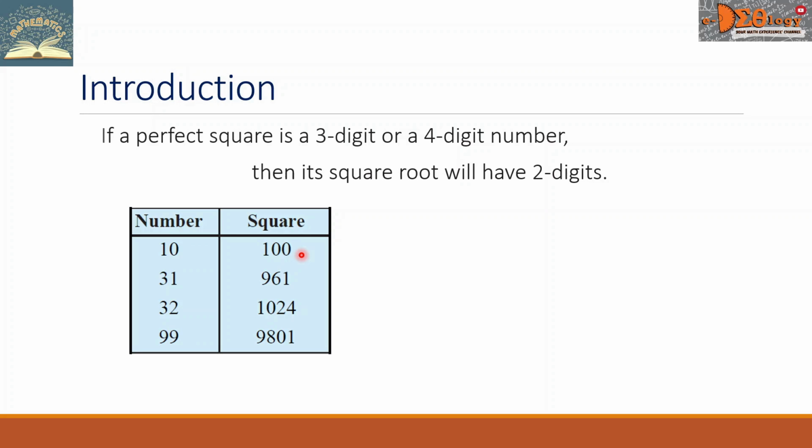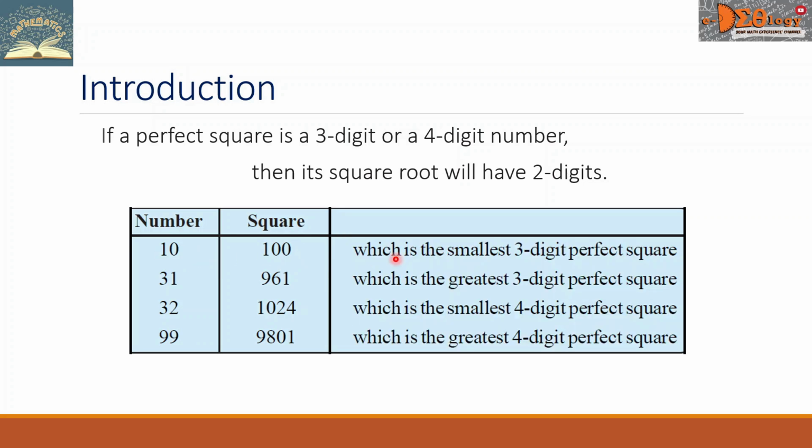The square 100 and the square root is 10. This is actually the smallest 3-digit perfect square. What about 961? The square root is 31. And this 961 is the greatest 3-digit perfect square.